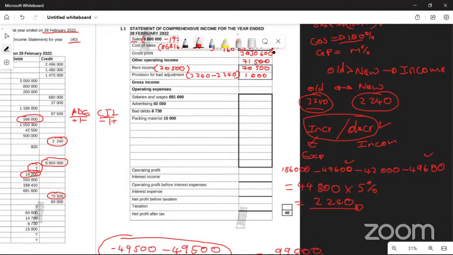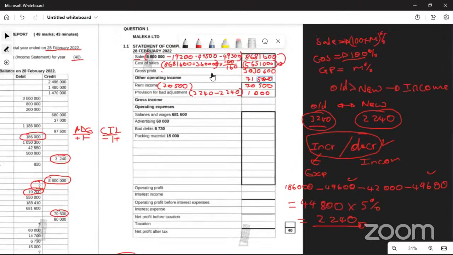Okay, then now you add your gross profit with your operating income to get your gross operating income. So we are going to take the 3,030,600 plus 71,500 and see what we are going to get.